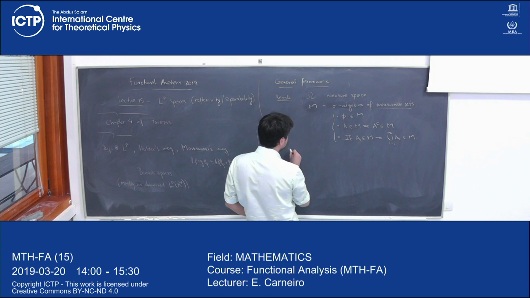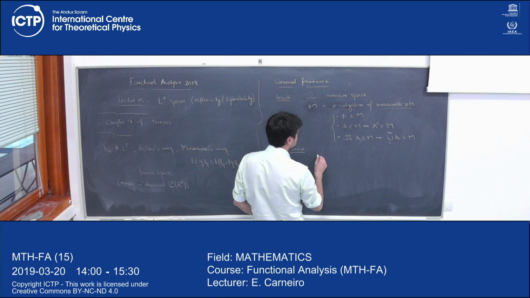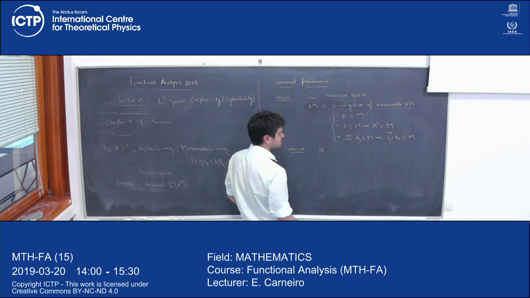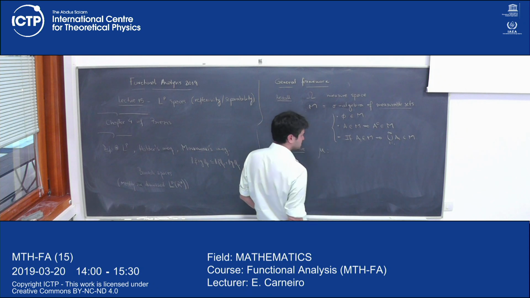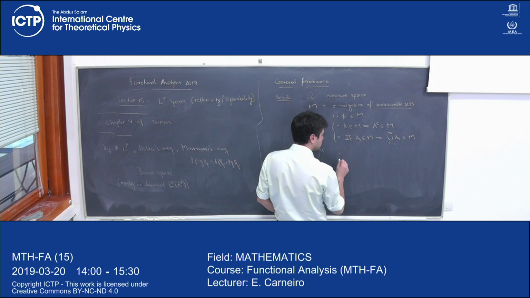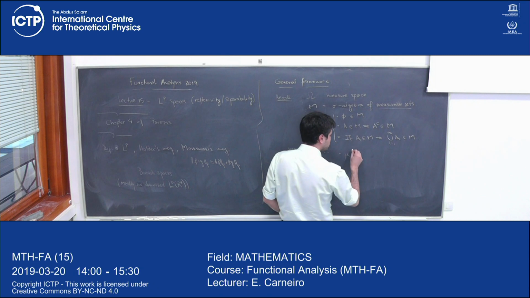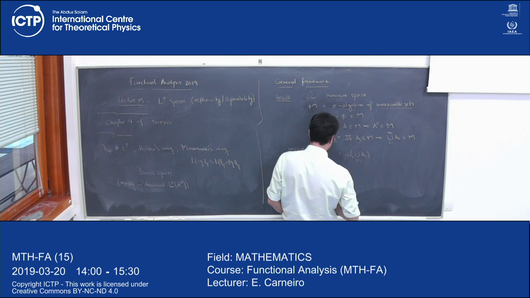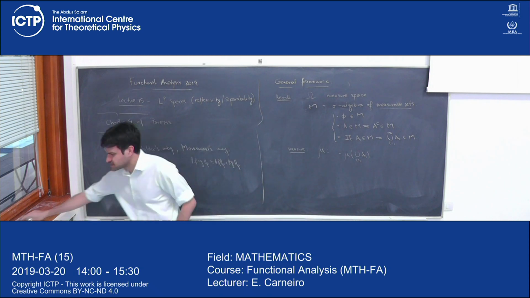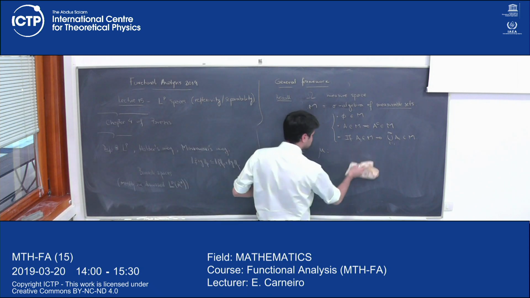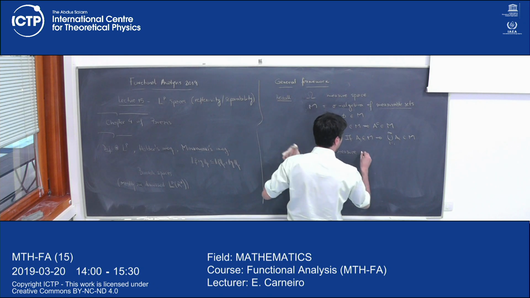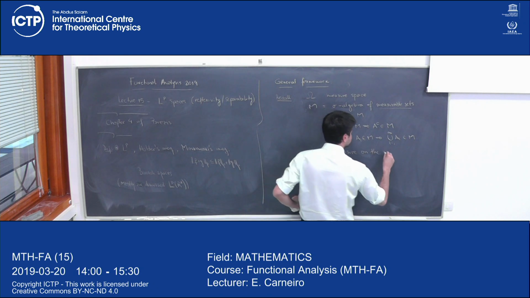And then you have your measure, let's call it mu, and it just satisfies one property. First of all, this is a measure on the measurable sets.